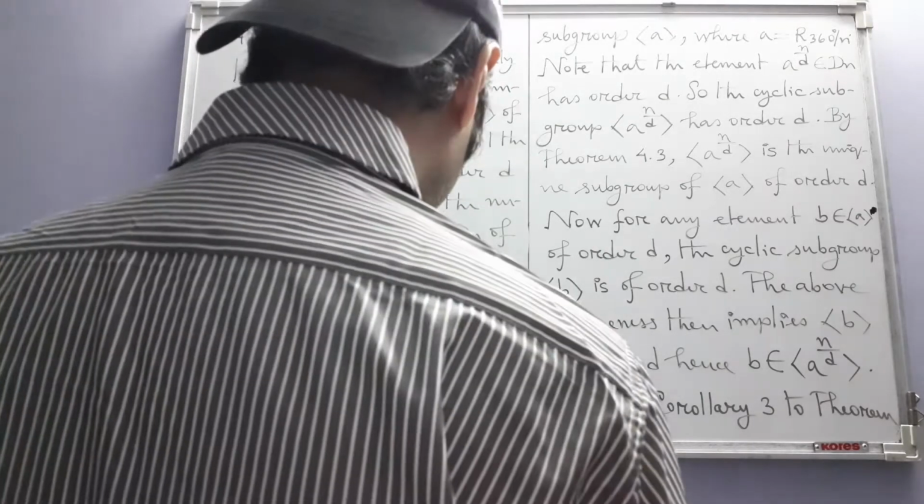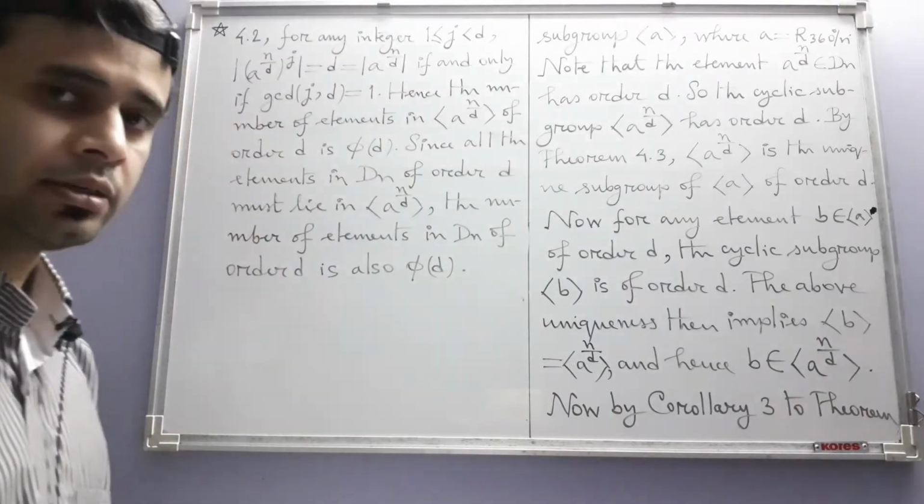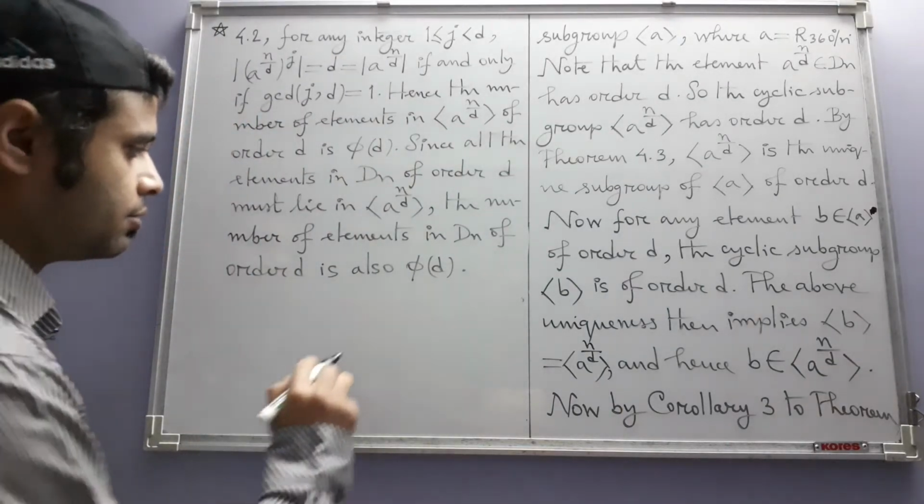In the second half, we have been asked to find the number of elements of order 2. This we already know.